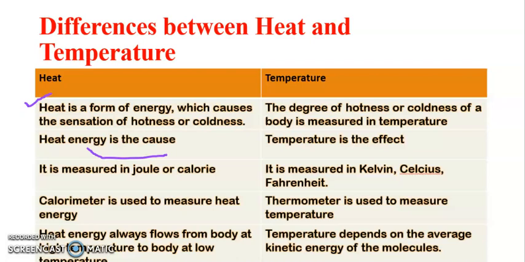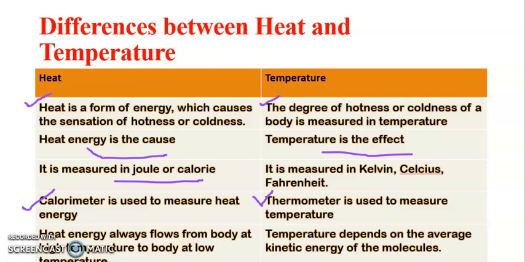But temperature is the degree of hotness or coldness of a body, how hot or cold an object is. So temperature is the effect. How do we measure heat? It is measured in joule or calorie. But temperature is measured in Kelvin, Celsius and Fahrenheit. A calorimeter is used to measure heat energy, while a thermometer is used to measure temperature.